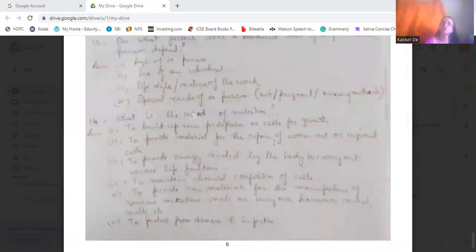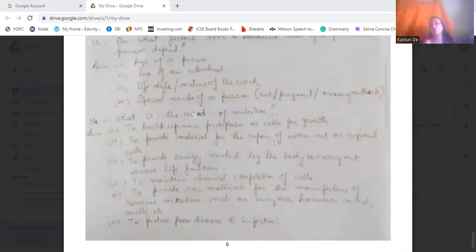Then what is the need of nutrition? The need of nutrition is to build up new protoplasm or cells for growth. Nutrition helps us to build up new protoplasm and cells for growth. It provides material for the repair of worn out or injured tissues or cells.